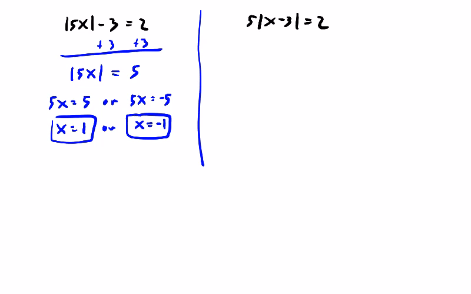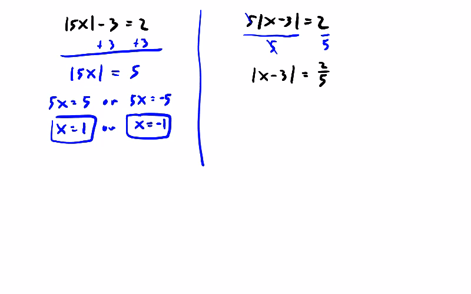For the second problem here on the right, we first need to divide both sides by 5 in order to get the absolute value sign by itself. On the left-hand side, 5 divided by 5 is 1, so we have an identity property. On the right, 2 divided by 5 is simply 2/5.